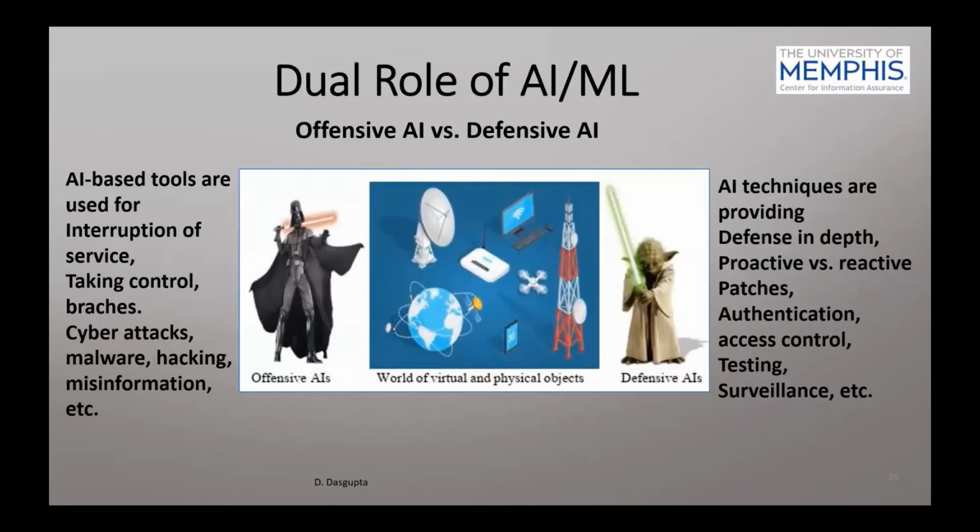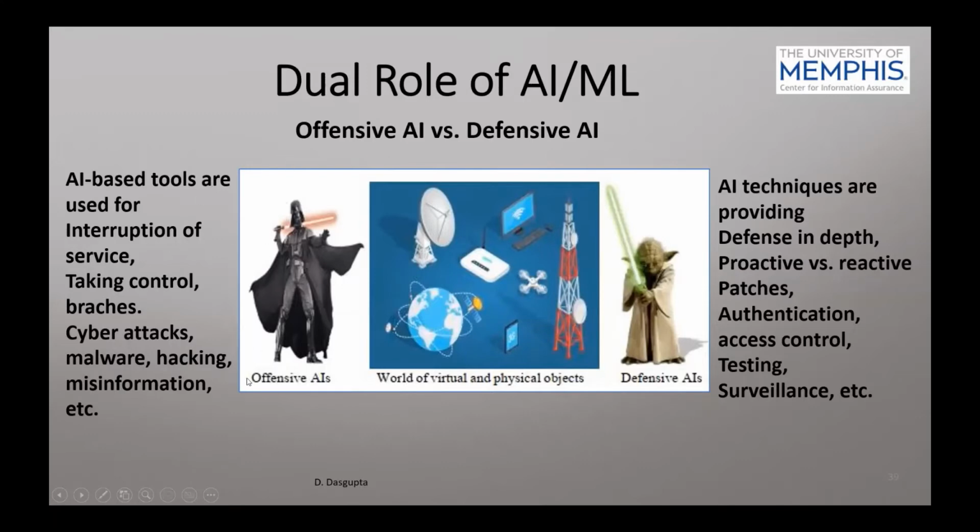Now we know that AI can take many roles. AI can be used as an offensive system, which we call offensive AI, or it can be defensive. In the case of offensive, AI-based tools are used for interruption of services, taking control over decisions, data breaches using AI-based techniques, cyber attacks, malware creation, hacking, and misinformation.